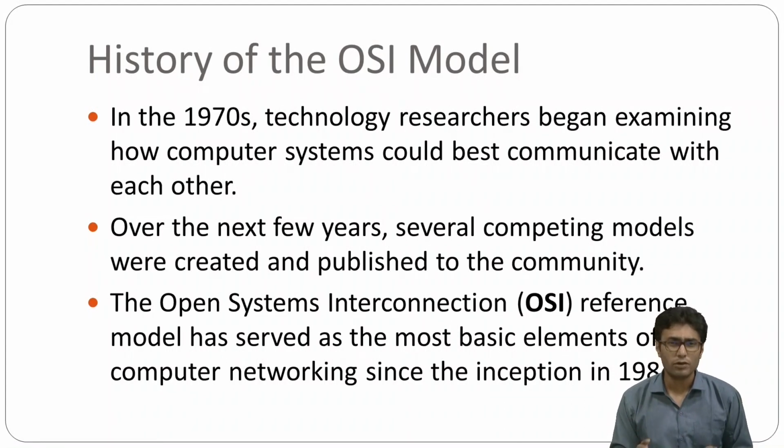However, it was not until 1984 that the International Organization for Standardization, ISO, took the best parts of the competing networking reference models to propose OSI as a way to finally create a framework that technology companies around the world could use as the basis of their networking technologies.